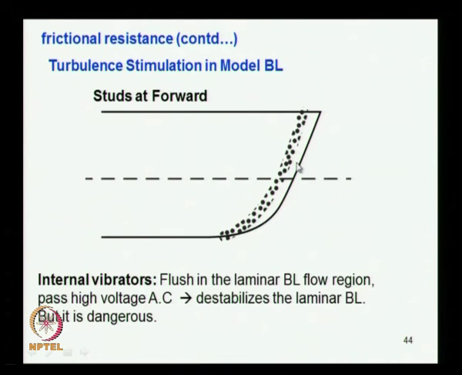The outside of the hull will be smooth, and inside you have a high frequency vibrator. You vibrate it, and due to the vibration the flow gets disturbed and turbulence is created. Usually this is not tried because it is dangerous, because high voltage is required for that.